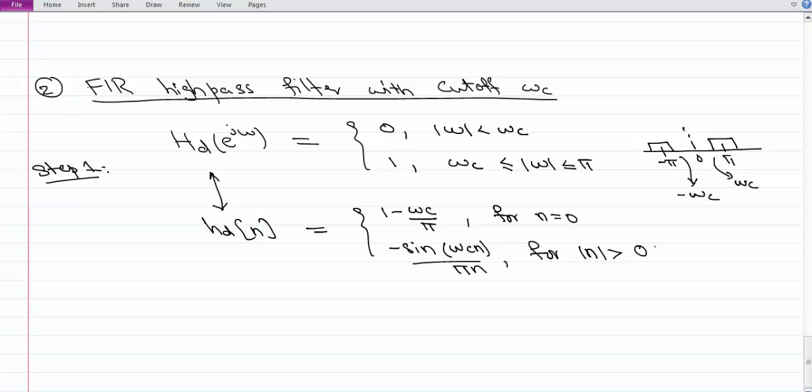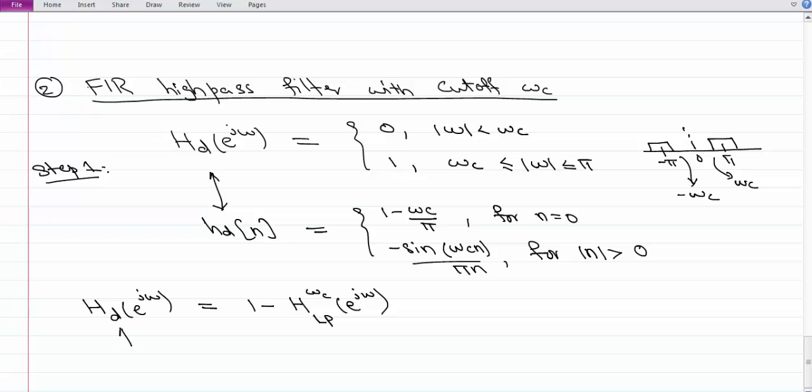To see how to obtain this impulse response, the easiest way is to actually notice that this H_d of e to the j omega is simply equal to 1 minus, and let's call that a low pass filter with a cutoff of omega c, e to the j omega.